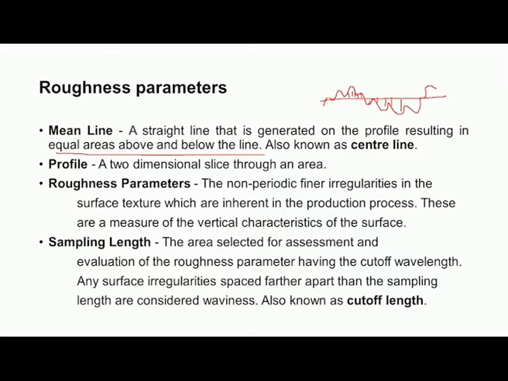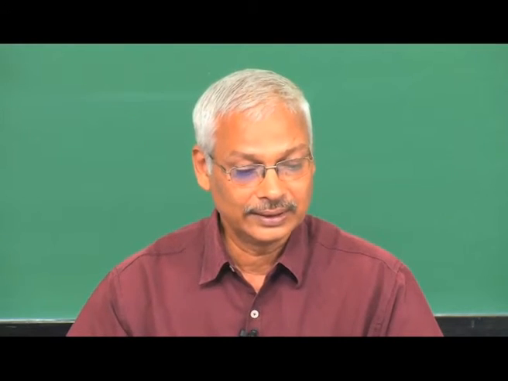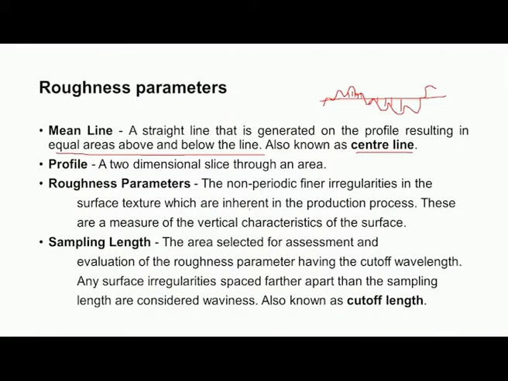This mean line is also known as center line, and the profile, we understood, is a combination of form error, waviness and roughness. Roughness parameters are non-periodic finer irregularities in the surface texture which are inherent in the production process because of various reasons.